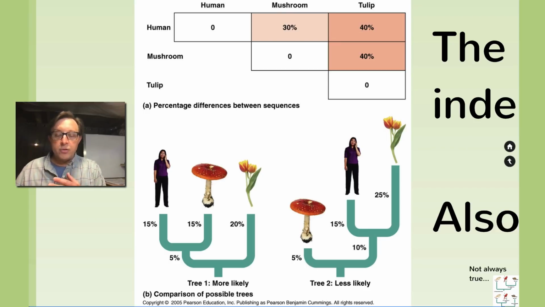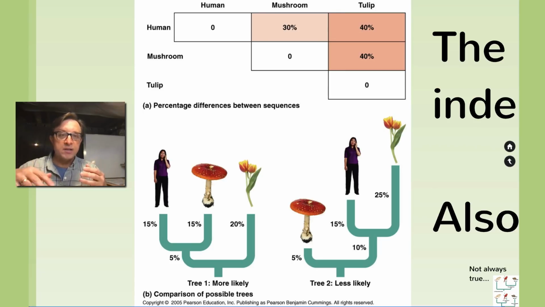Well, the tree on the left, the one that's labeled more likely, the mutation rate is fairly constant throughout that. There's the first divergence, and the one side has a 5% change, and then there's another branch, and each of those branches then accumulates 15% mutations.